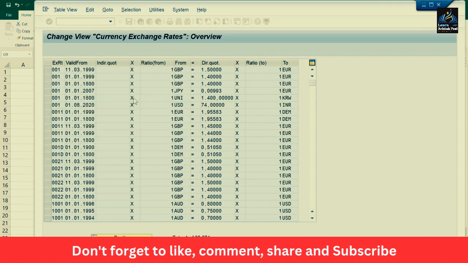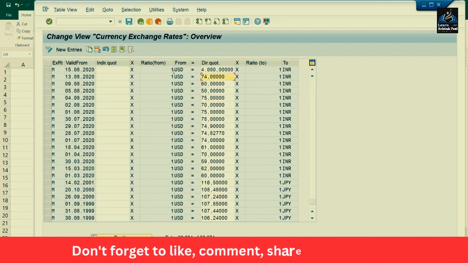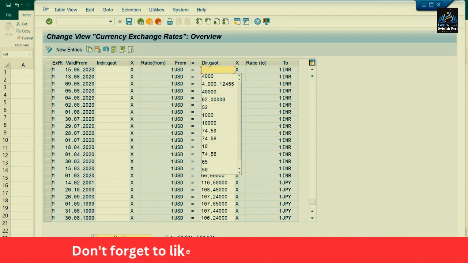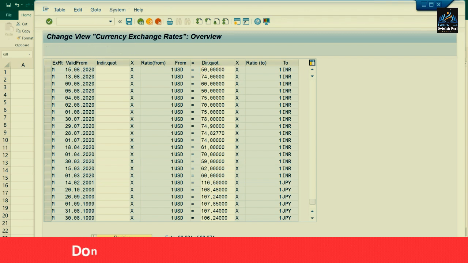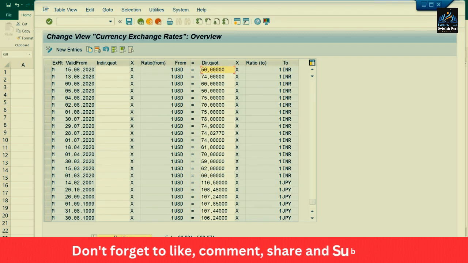Now here, I'll just remove this rate because I have already specified it, to show you the logic of translation basics. Save it. But here, this is the rate I have specified. So this 50 I have specified under direct quotation. So what is direct quotation?